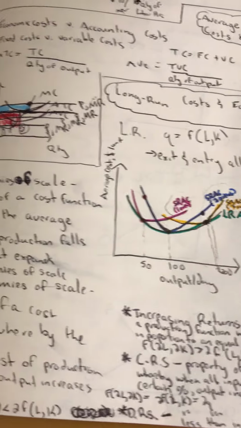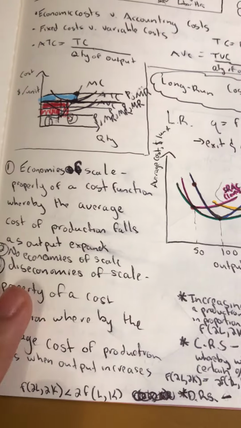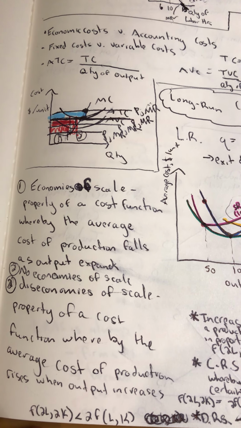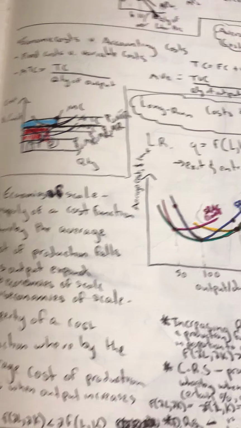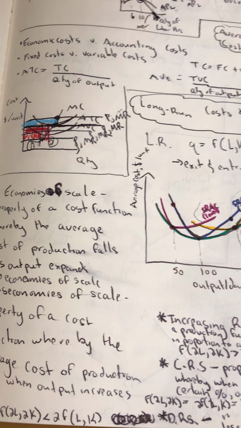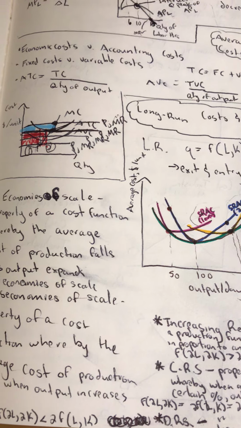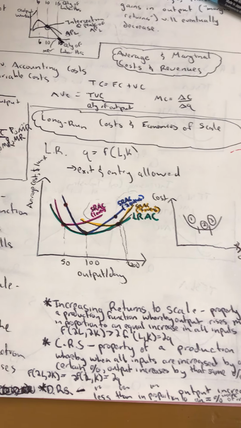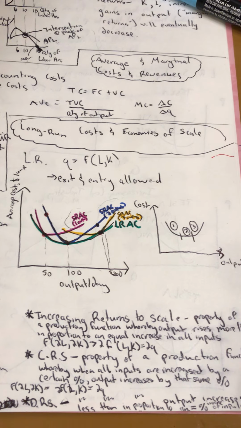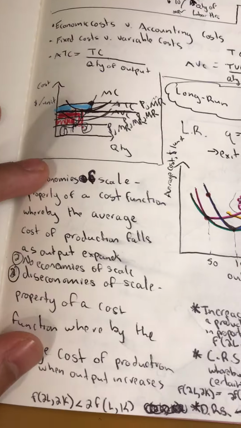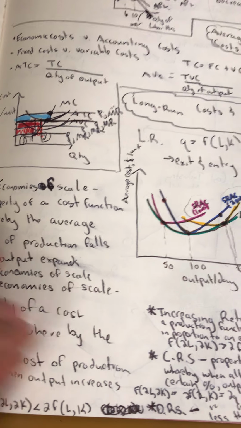You have to know these terms. These are the property of a cost function whereby economies of scale, diseconomies of scale talk about cost and output in the long run, and then returns to scale, decreasing returns to scale or constant returns to scale. They can very well explain this. They don't necessarily have to be the only ones.